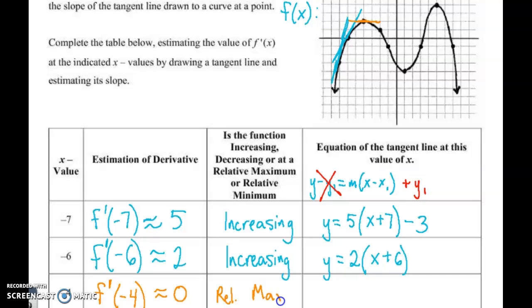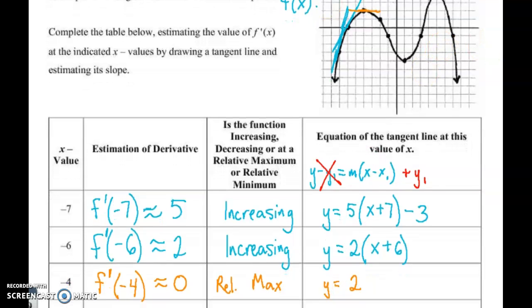So instead of saying increasing or decreasing, we're going to say it's a relative max. What's unique about this is now the slope is 0. Well, 0 times anything is just 0, so all you have to do is write the y-coordinate. y equals 2. I hope you're okay that I didn't write plus 0 there.